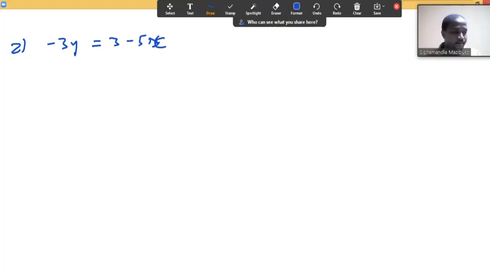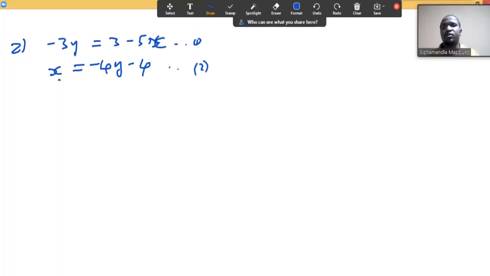Then our next equation is x is equal to minus 4y minus 4. In this case, we're already given that this is equation 1 and that is equation 2. We already have x equal to that.